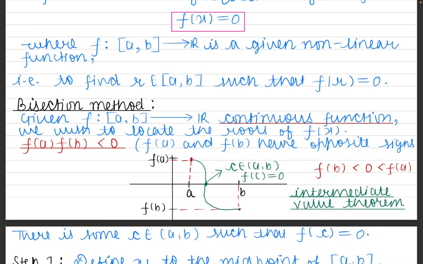Most of the time it is not possible to find an explicit root of the function, but there are methods which help us in locating the roots of a given equation of this form f(x) equal to 0. So in this series, the first method is the bisection method. So we first study the bisection method.